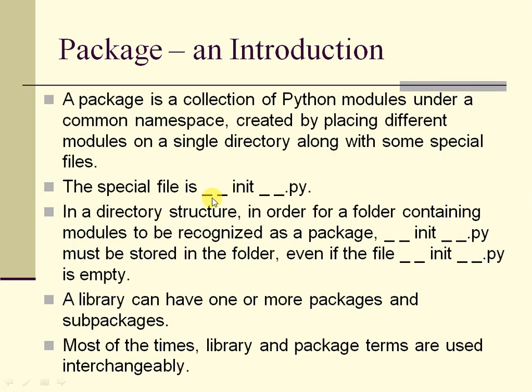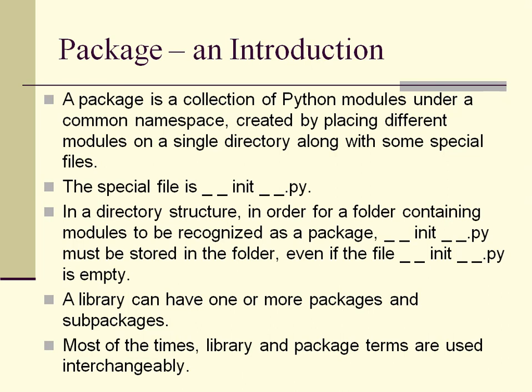There is no space between these underscores, but to make them clear to you, I have just given the space. This is __init__.py. So there will be a file named like this, init for initialization. It will be a Python file. It can have something in it or it can be a blank file also, but it should be there in a package. If a folder is not containing this file, it will be just like a simple directory.